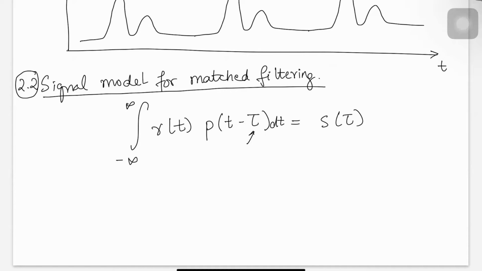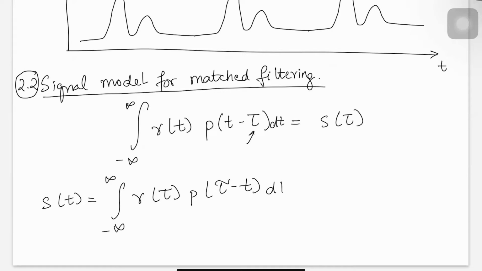So you can rewrite this, exchanging t and tau, as s of t equals the integral from minus infinity to infinity of r of tau, p of tau minus t. This is the mathematical expression for a correlation.